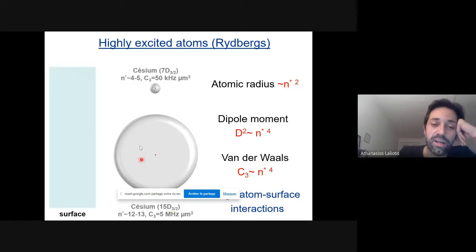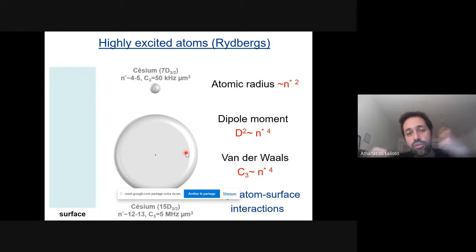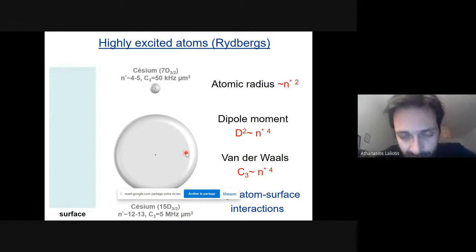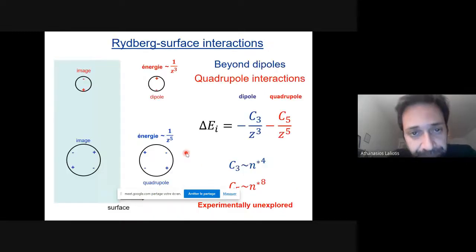And it's, of course, an object that is not macroscopic, that is nanoscopic now, like its radius is about 10 to 15 nanometers. So it becomes very comparable to the atom surface distance that I'm actually probing.